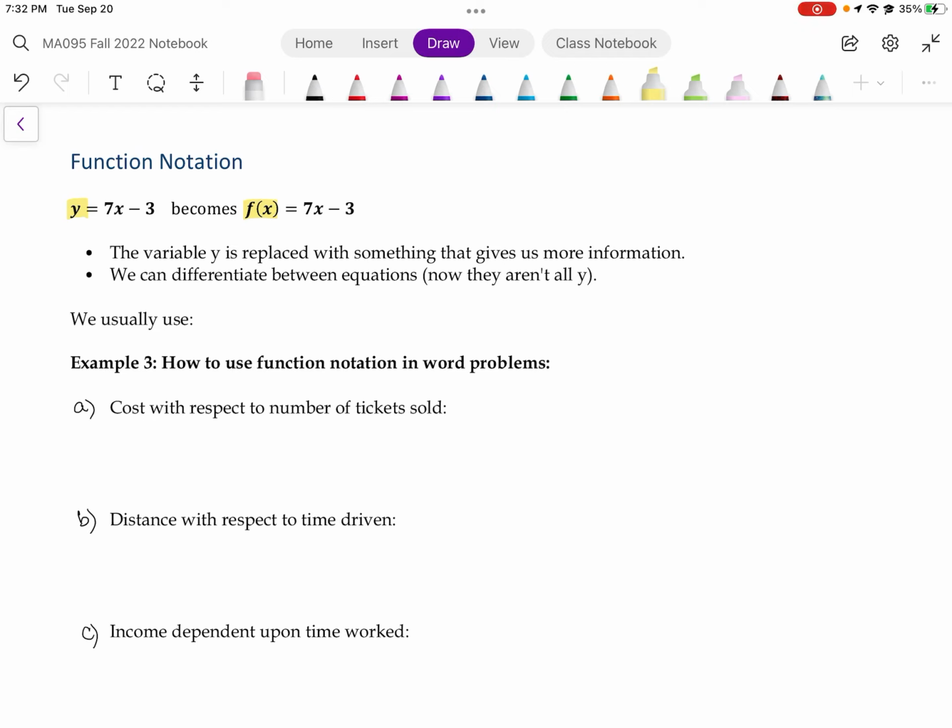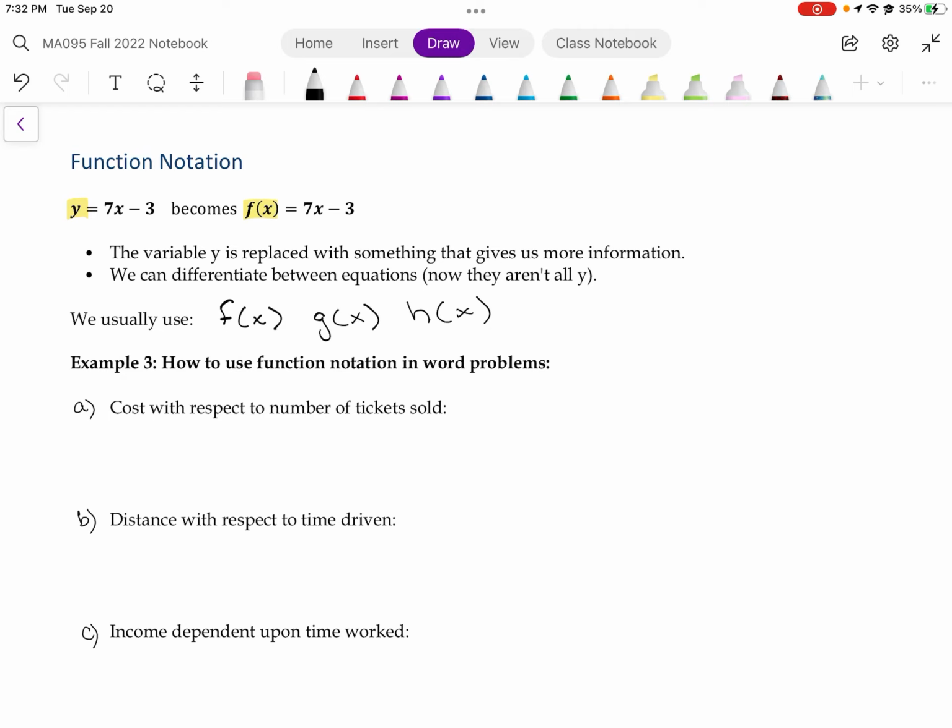Okay? So just to make that clear, we usually use f of x, g of x, h of x, but we can use others. But those are the most common ones that you'll see. Okay, so how to use function notation in word problems. So cost with respect to number of tickets sold, like we talked about just up above.